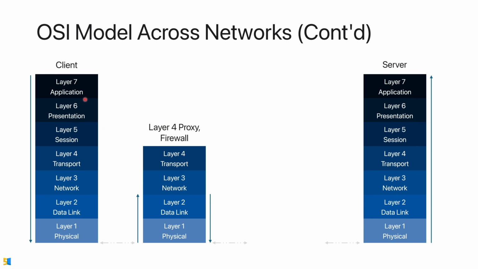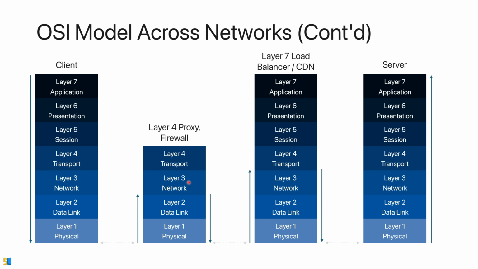We need to be able to decrypt and deserialize the messages, the requests, and not all devices or services have that capability. So that's okay for devices to check until layer 4. Let's say this is a proxy firewall.